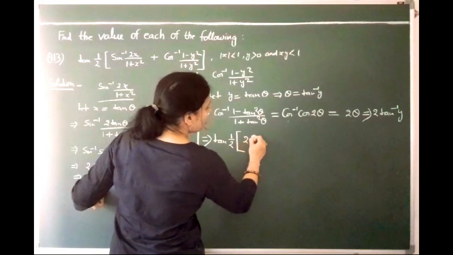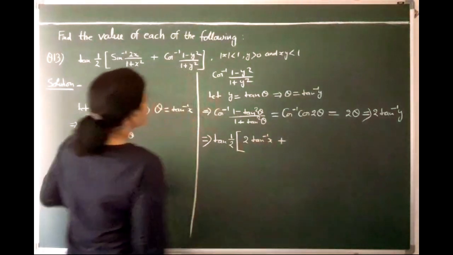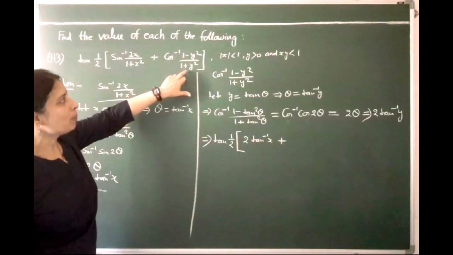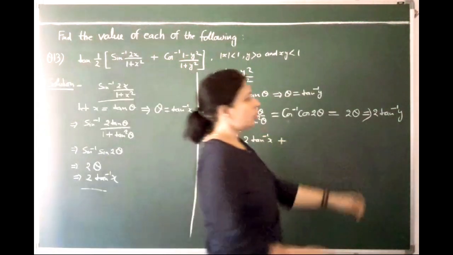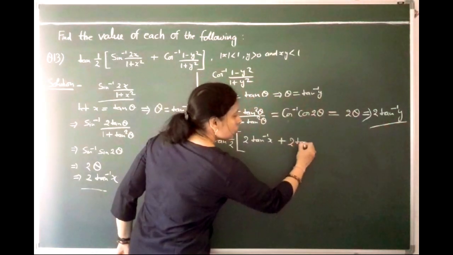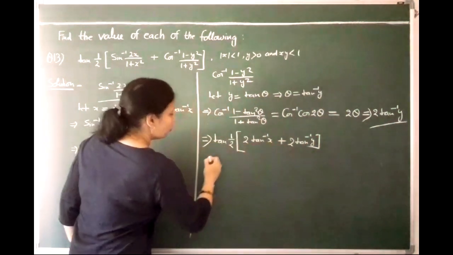So write here 2 tan inverse x plus cos inverse 1 minus y square divided by 1 plus y square is equal to 2 tan inverse y. So write here 2 tan inverse y and take common 2.